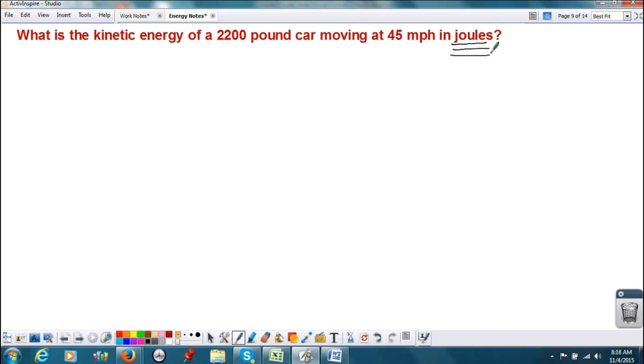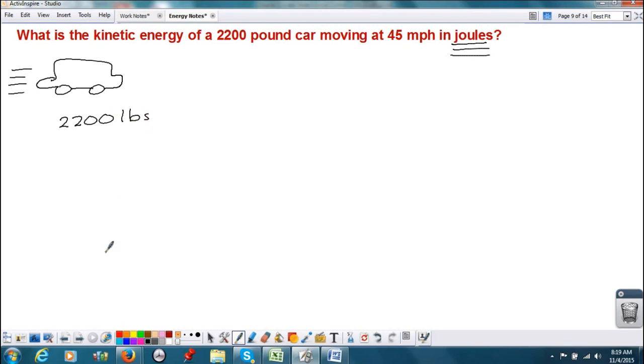All right, so step 1, as always, draw ourselves a picture. There's the car. Okay, car is moving along. All right, what do we know about this car? Well, it's 2,200 pounds. Okay, that's a weight.